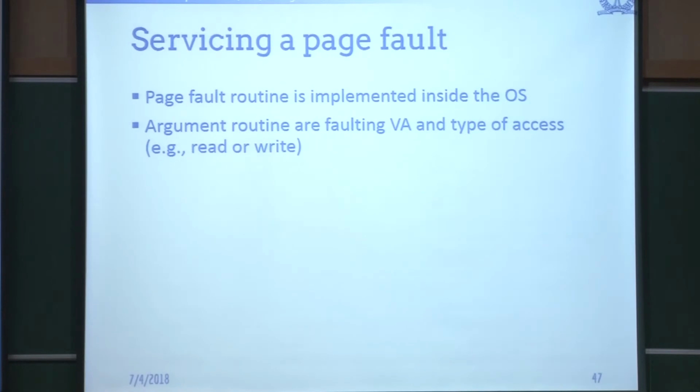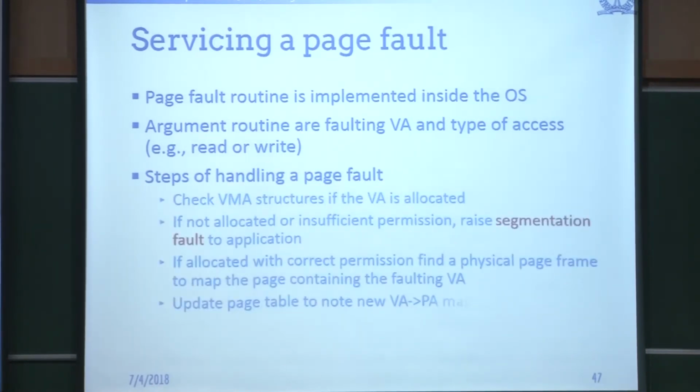It also needs to know the type of access, whether it was a read or write, because that's where protection comes in. It already knows which process was running on this core, so it knows which page table you are talking about automatically. The operating system knows that.